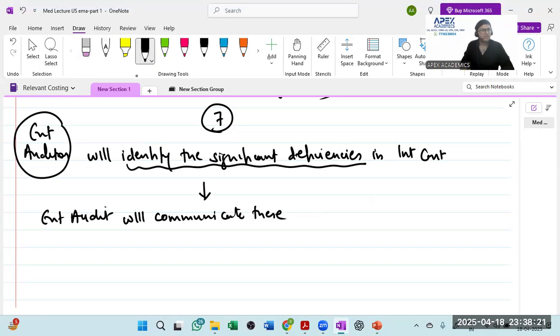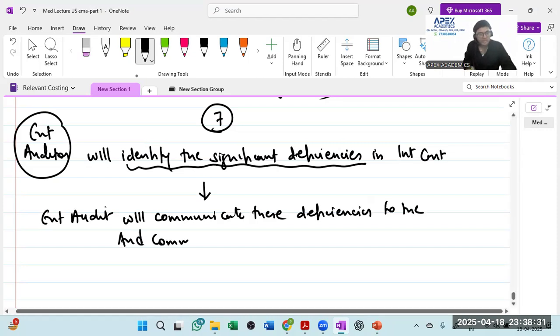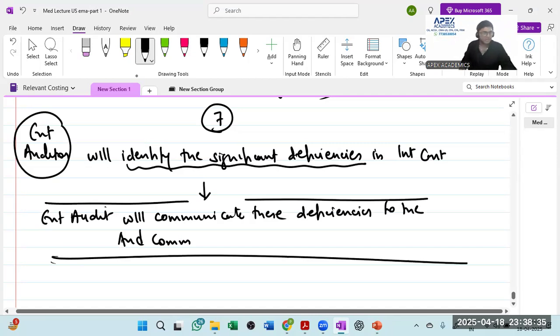The external auditor will communicate these deficiencies to the audit committee. What will the external auditor do? He will communicate these deficiencies to the audit committee. Then what will happen?